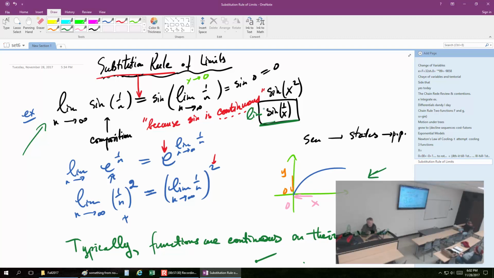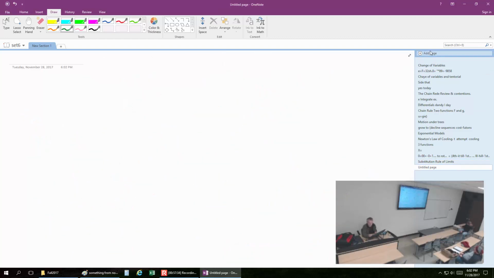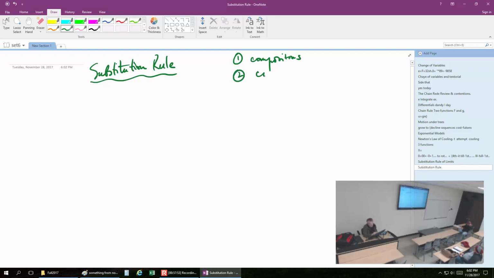So, how should I put it? Let me go here. So, substitution rule again. The two big parts of challenging things are, number one, compositions, and number two, continuity.